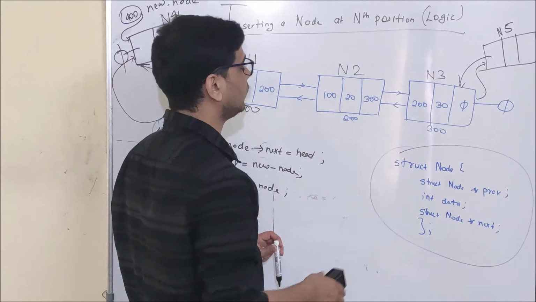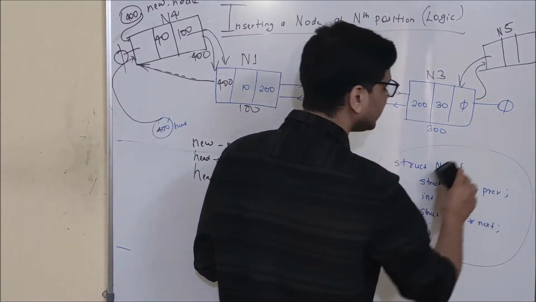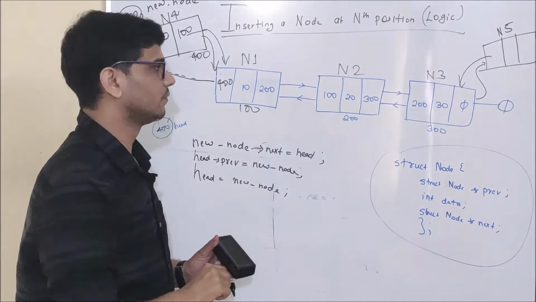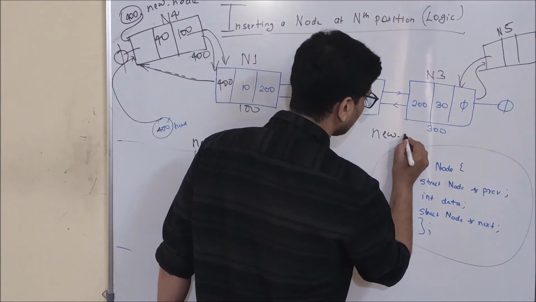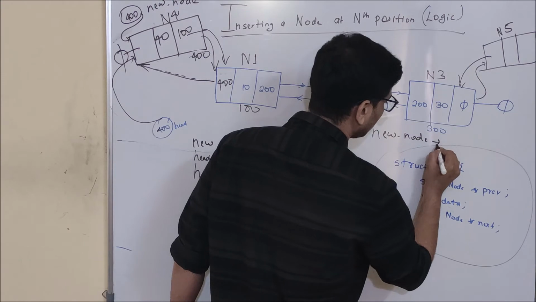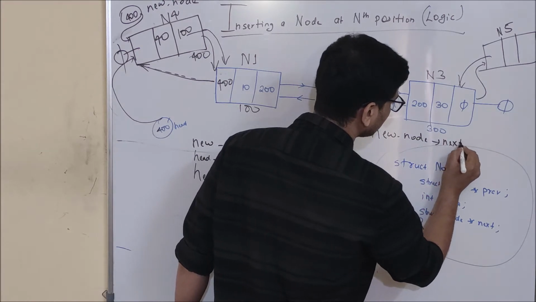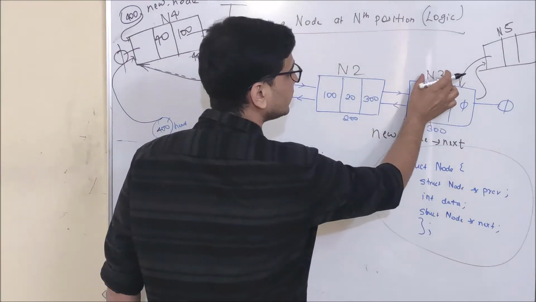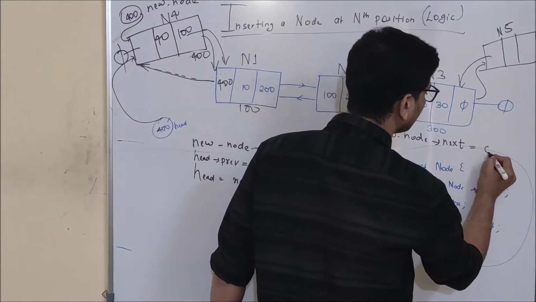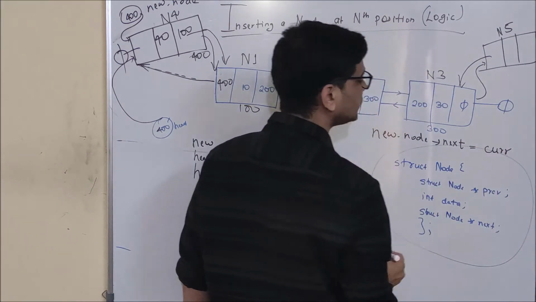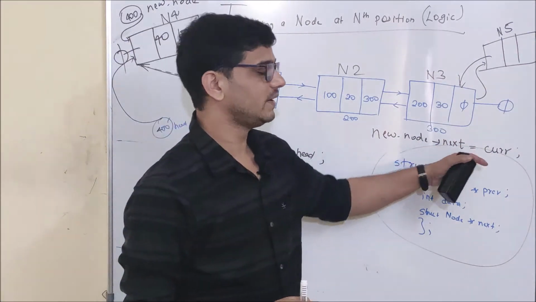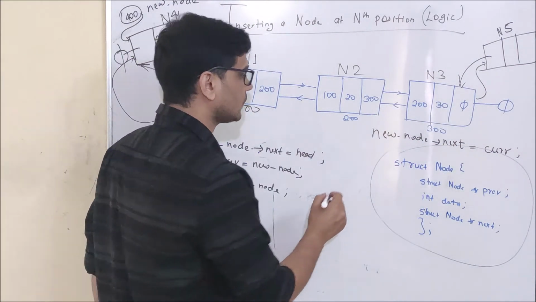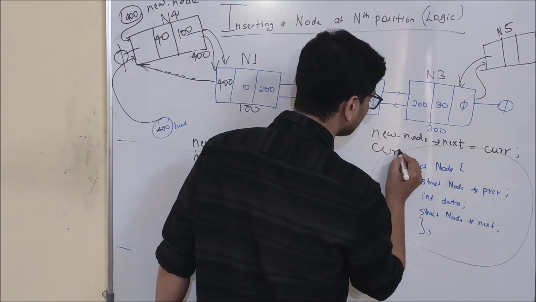And how can we do it? We can do it in 2 lines of code. Okay? So in new node.next we will update this particular address. Okay? Suppose this particular address is held in a current pointer. And next what we will do?